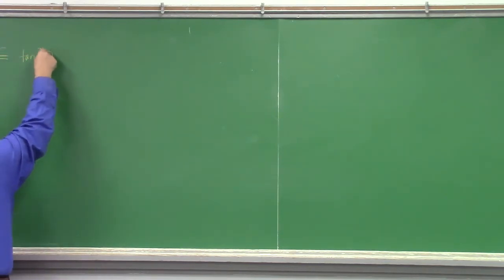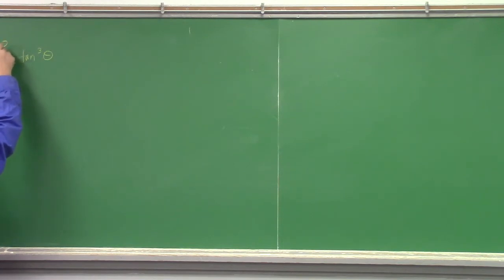So basically we're supposed to prove this identity, right? This was the one I messed up at the end of class. This is section 7.3, number 37.